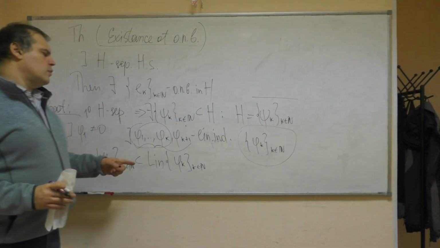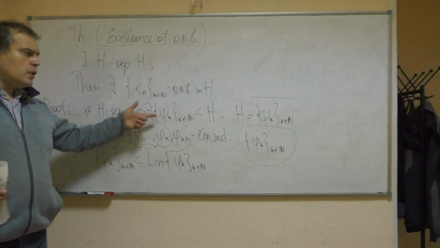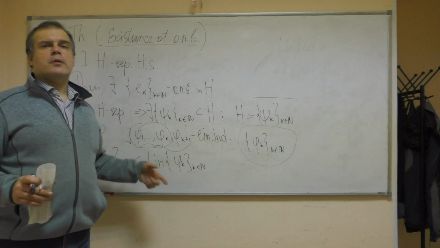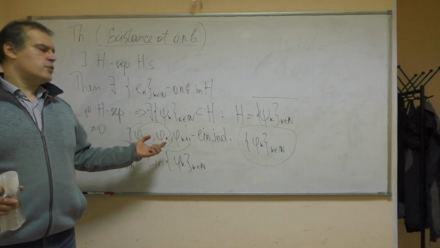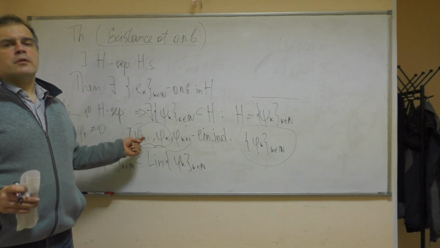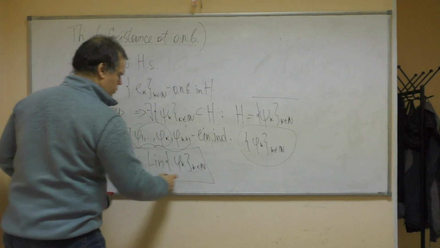So we dropped only linearly dependent vectors. That means they can be represented as a linear combination of existing vectors. So this is why we have this. It's important.